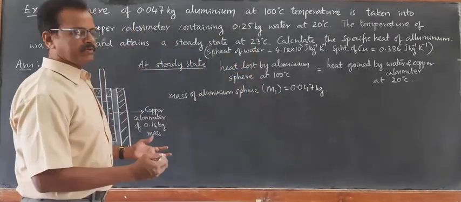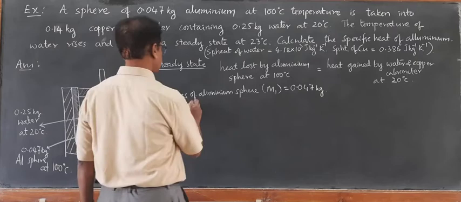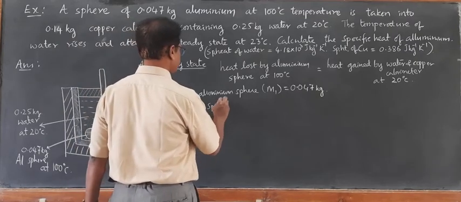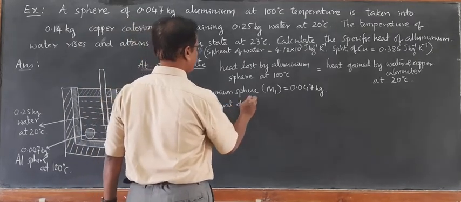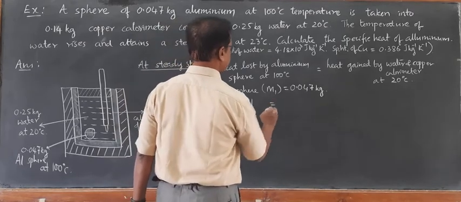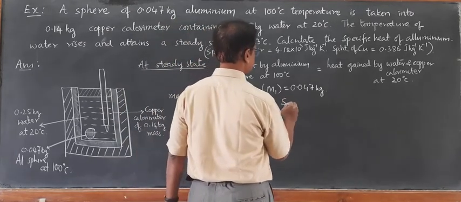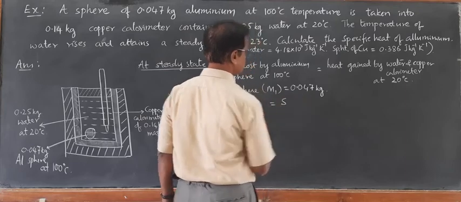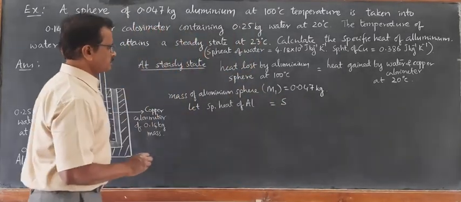Then the specific heat we don't know. Let the specific heat of aluminium be S.